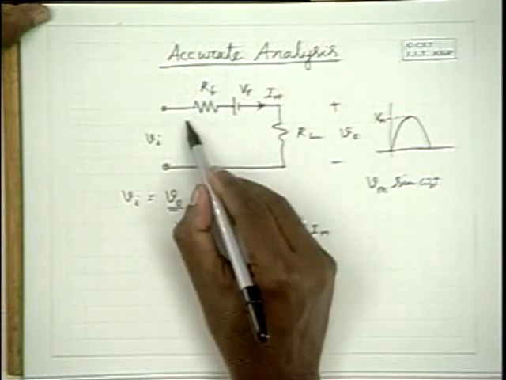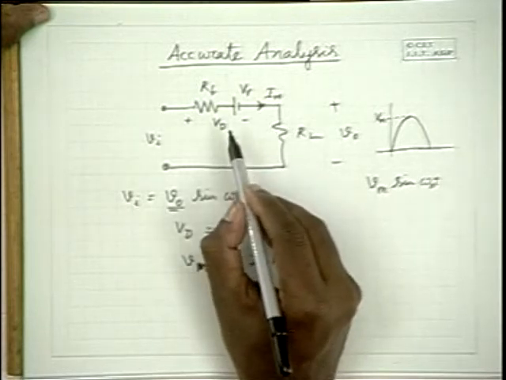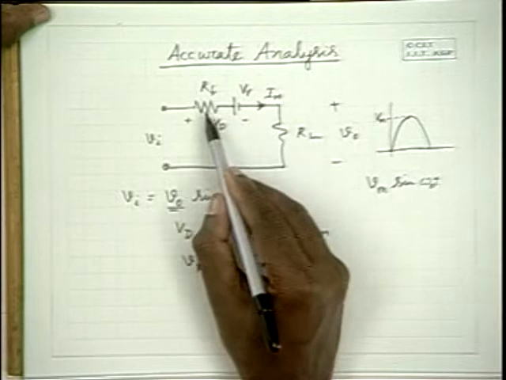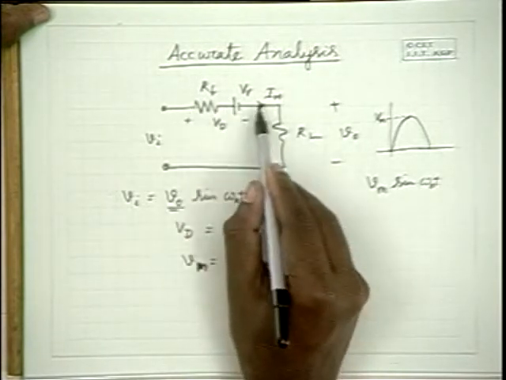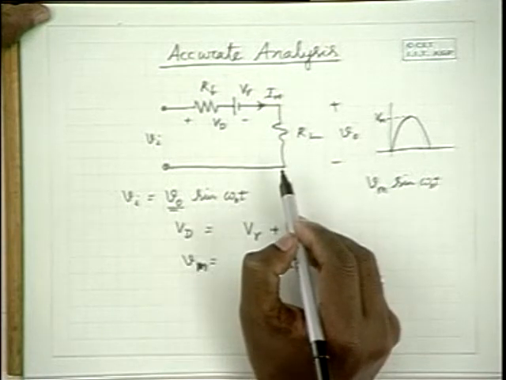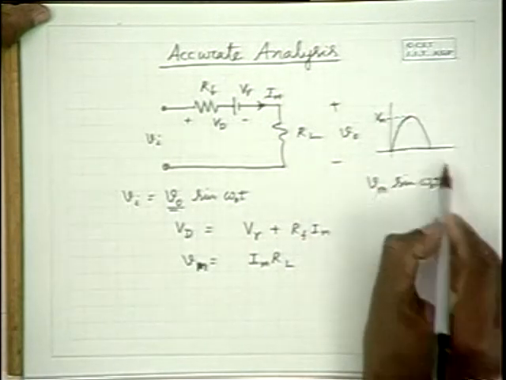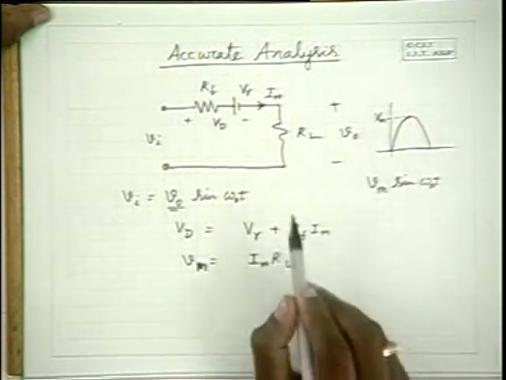This is the diode drop, actually. And this diode drop is that V gamma, about 0.6 or 0.5 volts, plus a small additional drop, which depends on the load current. Since we are interested in the peak value and the rest of it is sinusoid, let us determine that.